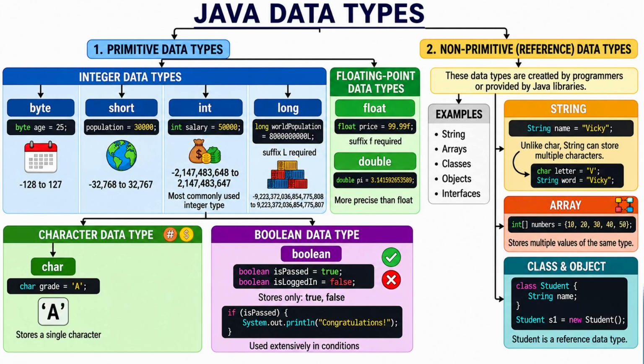And for Boolean data type we have Boolean. So in total, we have 8 primitive data types: byte, short, int, long, float, double, char, and Boolean.